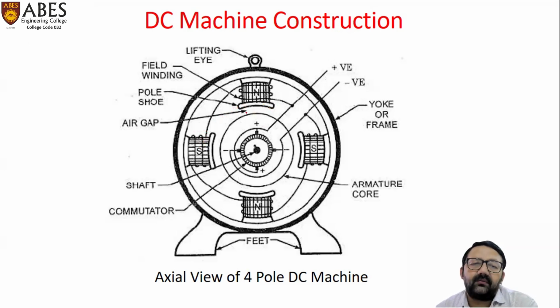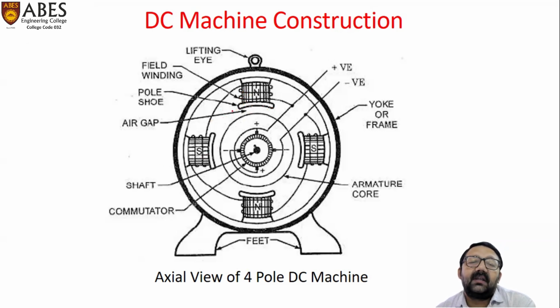The very first purpose of this pole face is to provide mechanical support to these field windings. As we can see, these field windings are wrapped along the entire length of these field poles, and they are on the inner side of the periphery. So by extending this pole face, the field windings get additional mechanical support.